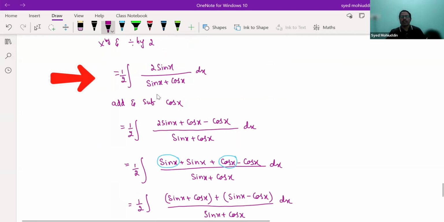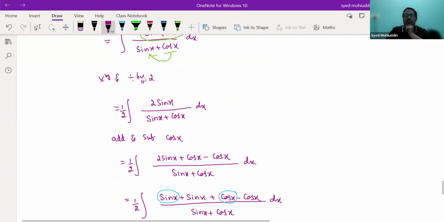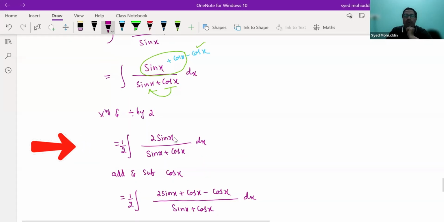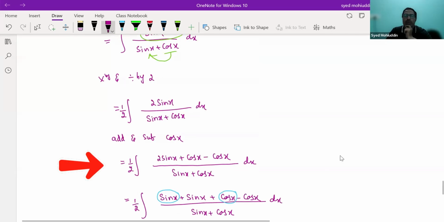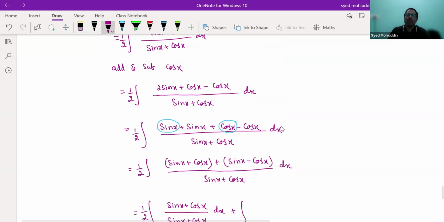Once I have divided and multiplied by 2, you'll be getting 2 times sin x, multiplied and divided by 2. Next step, I'm adding cos x and subtracting cos x. Further, I'm writing this 2 sin x as sin x plus sin x, because 2 sin x can be written as sin x plus sin x. The denominator has sin x plus cos x, therefore I am grouping that one.